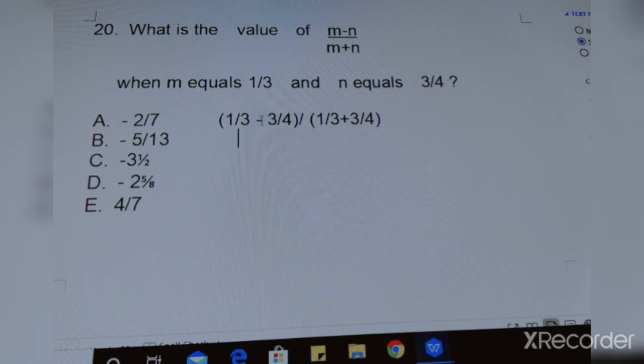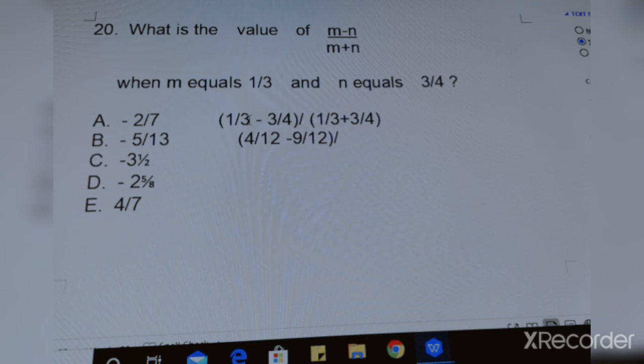So 1/3 minus 3/4, they have different denominators. So our LCD is 12. 12 divided by 3 is 4, times 1 is 4. So 4 over 12. Then 12 divided by 4 is 3, times 3 is 9. So 9 over 12.